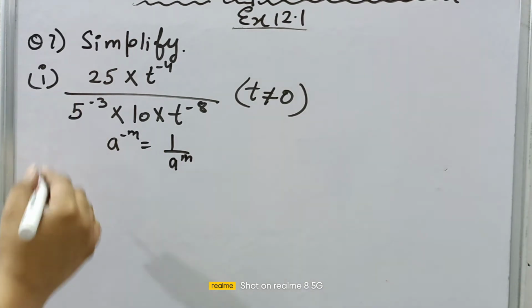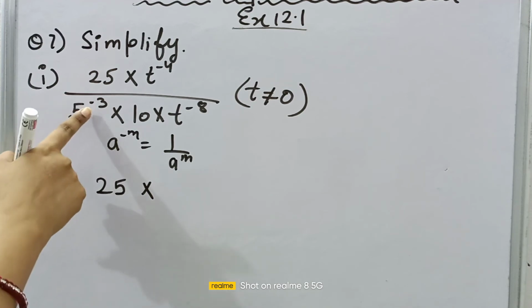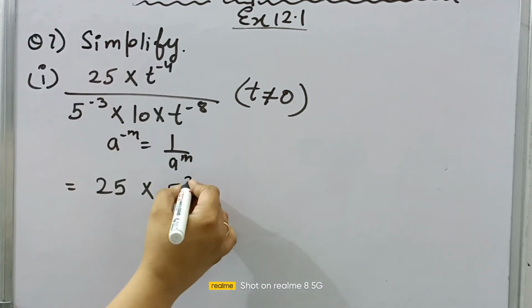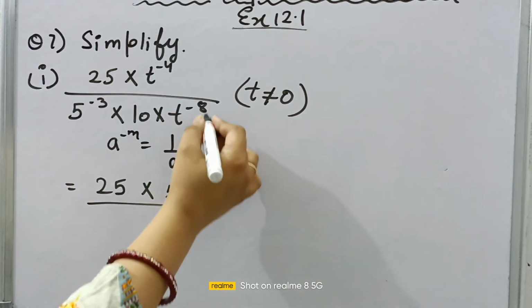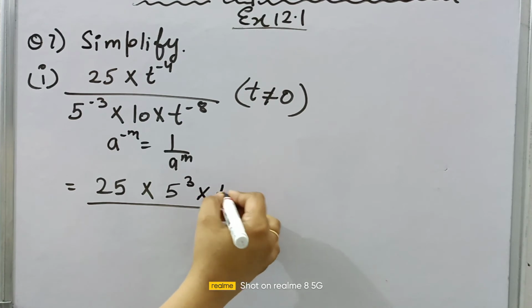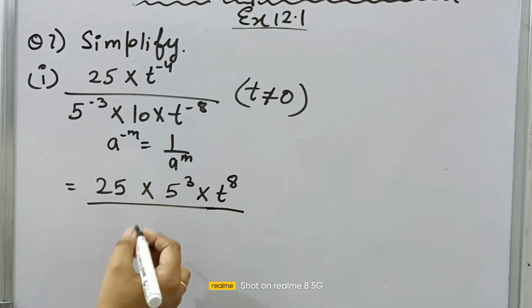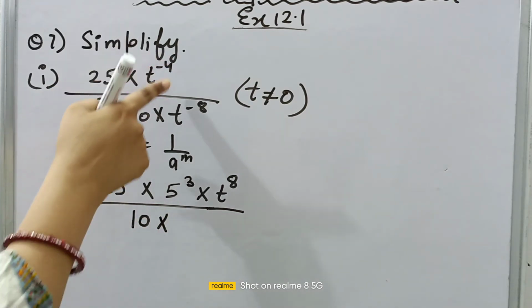By this we can write 25 multiplied with this 5 raised to the power minus 3 will become 5 to the power 3 in numerator, and this t raised to the power minus 8 will become t raised to the power 8 in numerator. Now in denominator we are left with 10 multiplied with this t raised to the power minus 4.